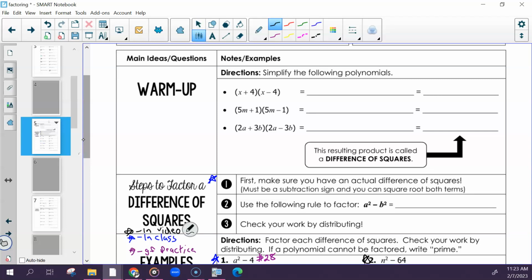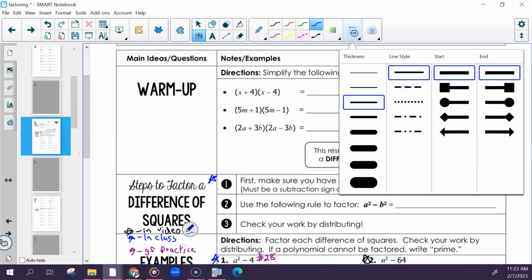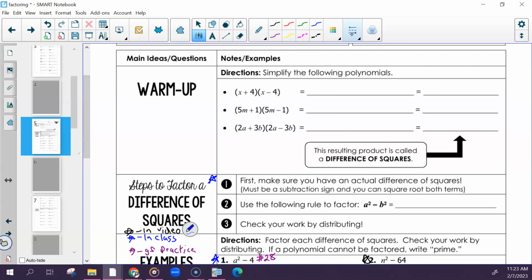So we're going to multiply these together using that same method as before, taking the first terms and multiplying them together. So x times x would give us what? X squared. X times negative 4. What would that one give us? Negative 4x.